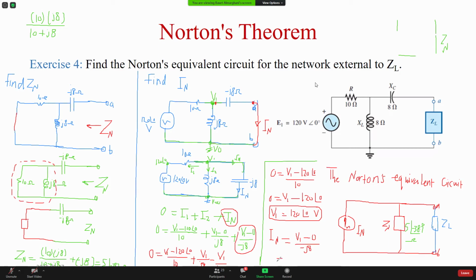So this gives me 120 angle 0 minus 0 divided by minus j8, and that is going to be 15 angle 90 ampere. So at the end, the answer here is 15 angle 90 ampere for this current, and this is the answer.